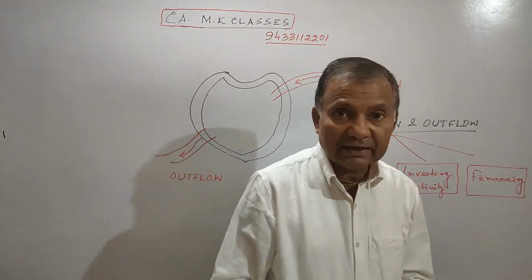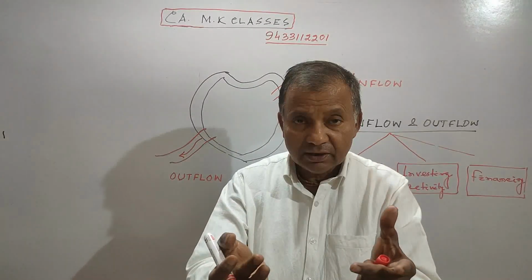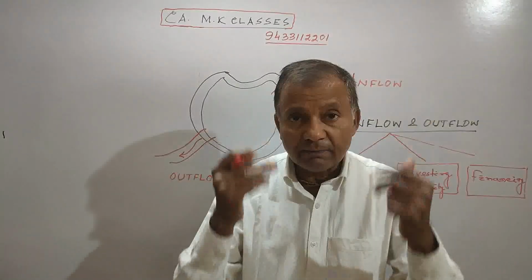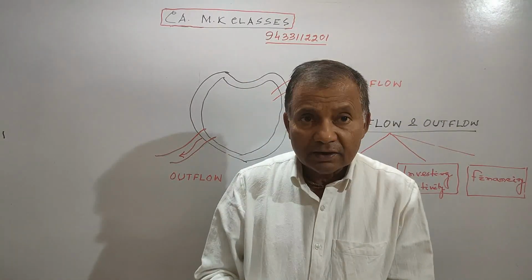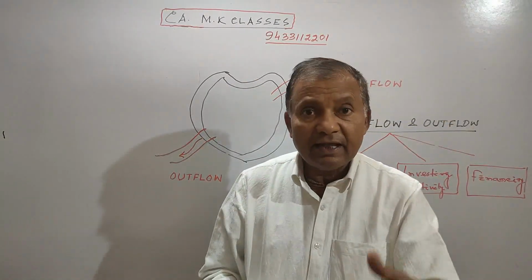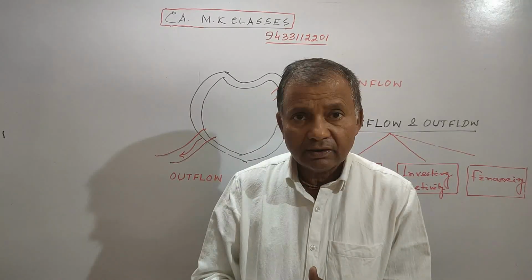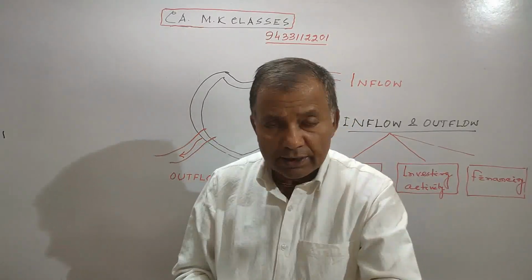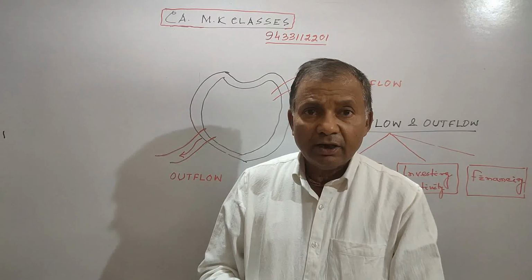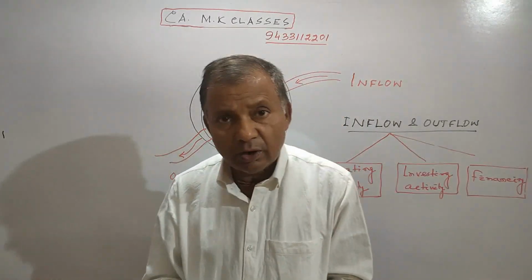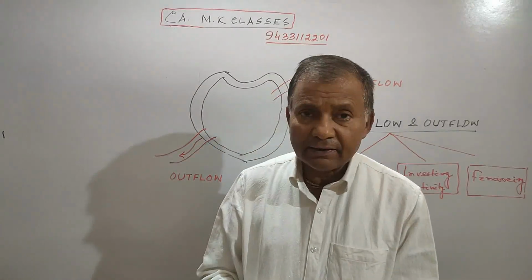Then financing activity: how the business is financed, that is collection of capital, increase in capital, sometimes redemption of preference shares, drawings, sometimes a loan is taken, sometimes a loan is repaid, sometimes interest on loan is paid, dividend is paid.